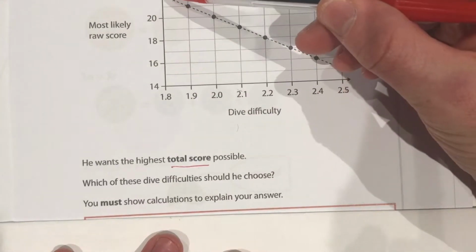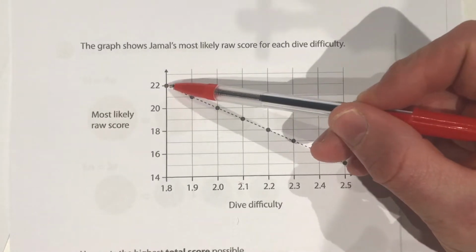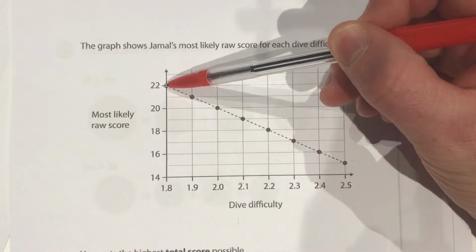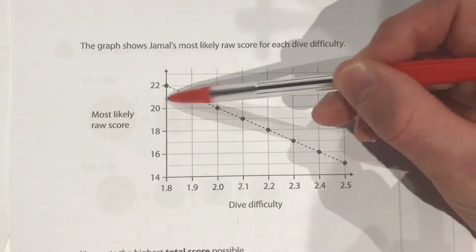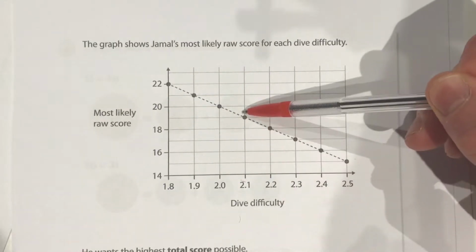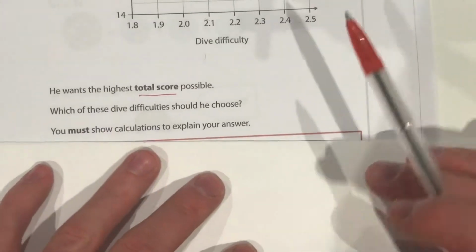Again, you know that to find the total score, the difficulty and the raw score are multiplied. So I'm going to do 22 times 1.8. I'm going to do 1.9 and multiply that with 21. I'm going to do 2 times 20, 2.1 times 19, etc., and compare all my answers.